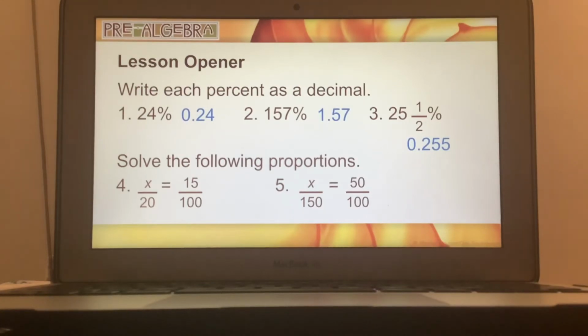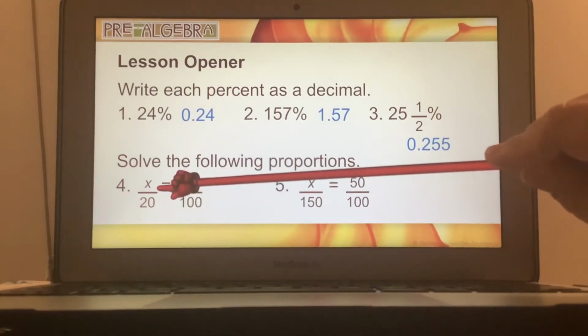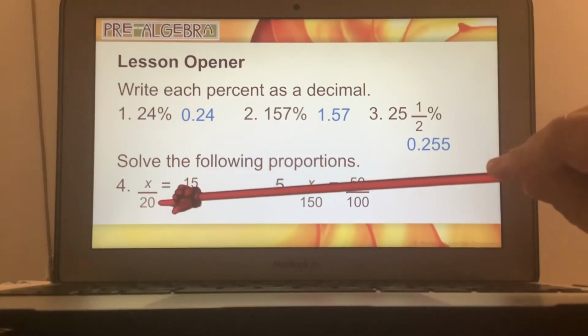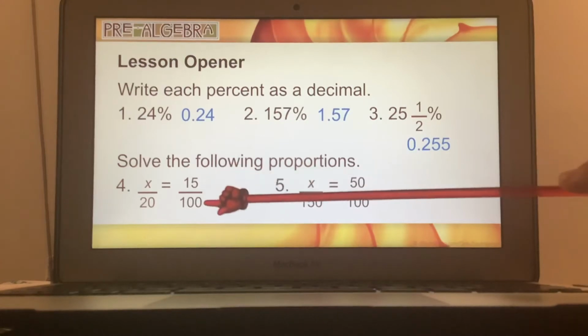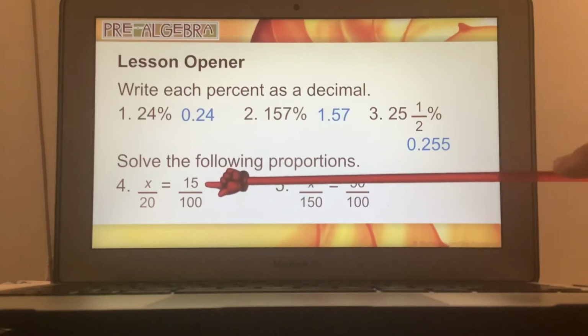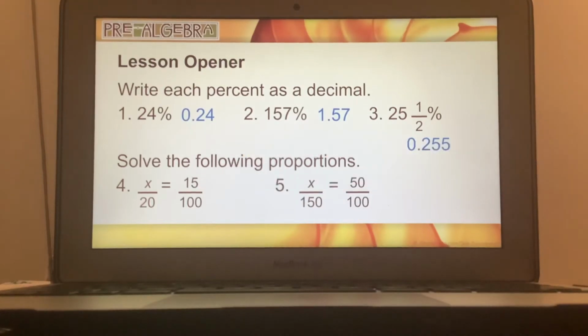Next, we looked at proportions and how to solve for x when you're comparing x over a number to a ratio that is actually a percent. 15 over 100 is the same as saying 15%, right?